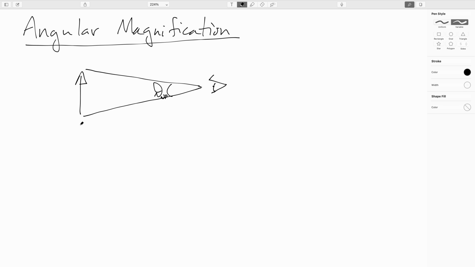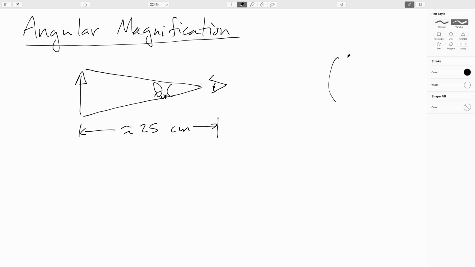And we can say that conventionally this distance is about 25 centimeters. So we can define the angle it takes up at the near point as just you put the thing 25 centimeters in front of you. That's how big of an angle it takes up in your field of view.